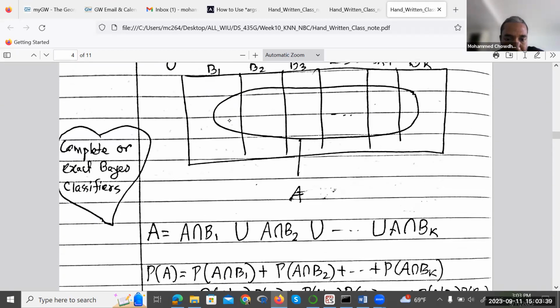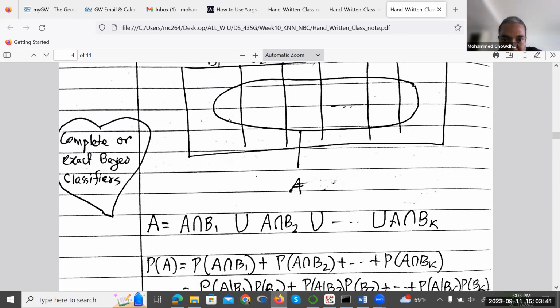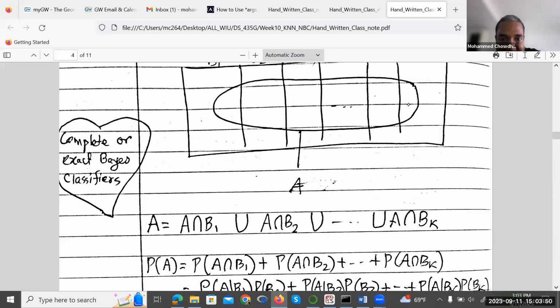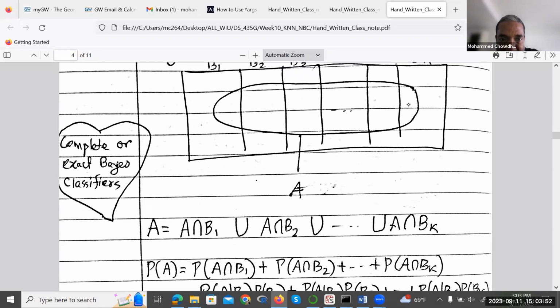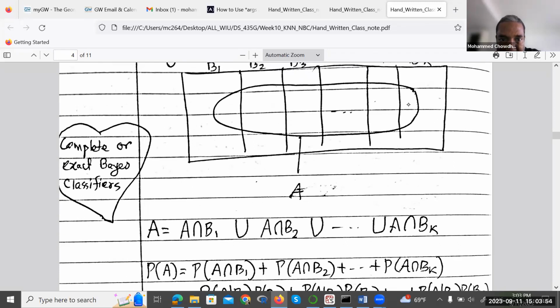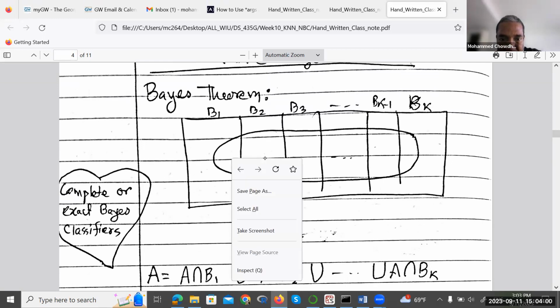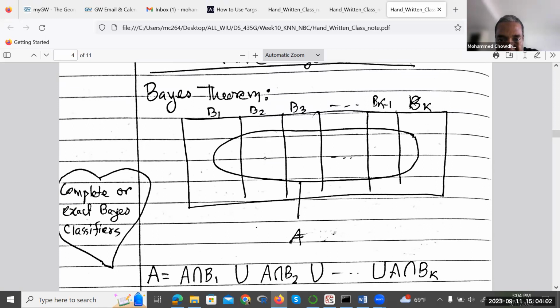And then A intersection B2 means this one. Then A intersection BK means that one. So A could be written as the union of B1 intersection A plus B2 intersection A plus B3 intersection A, all the way up.